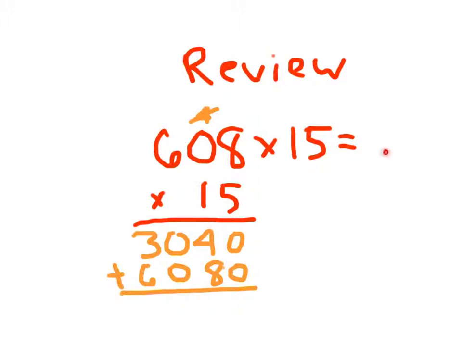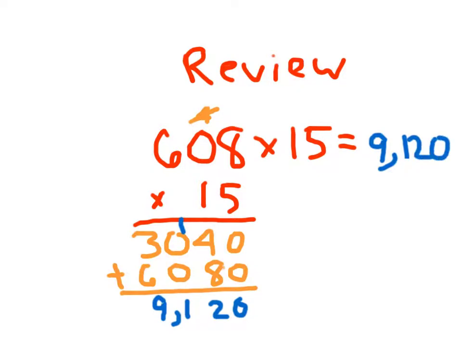And I'm figuring out the product of 608 times 15 by adding these together. So by adding these together, I get 0 plus 0 is 0, 8 plus 4 is 12, 2, regroup a 1, and again it goes from place to place. 1 plus 0 is 1, and 6 plus 3 is 9. So my product of these two numbers is 9,120.